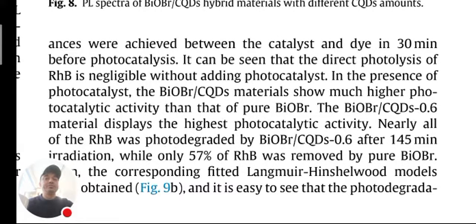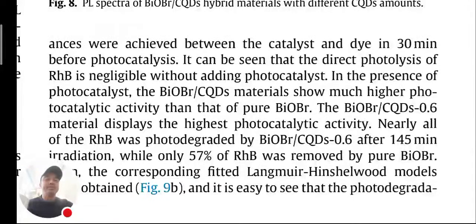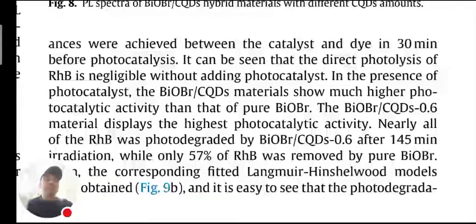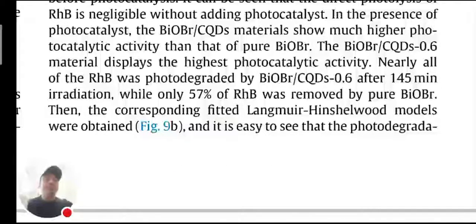In the presence of the photocatalyst, the BiOBr carbon quantum dot materials show higher photocatalytic activity than the pure BiOBr. The BiOBr carbon quantum dot 0.6 material displays the highest photocatalytic activity, with nearly all rhodamine B degraded after 140 minutes of irradiation, while only 57% rhodamine B was removed by the pure BiOBr.